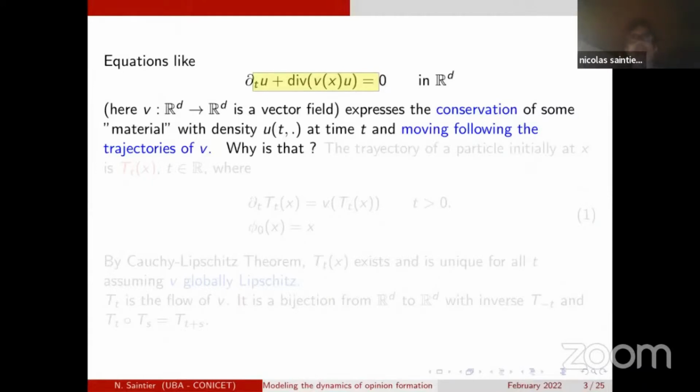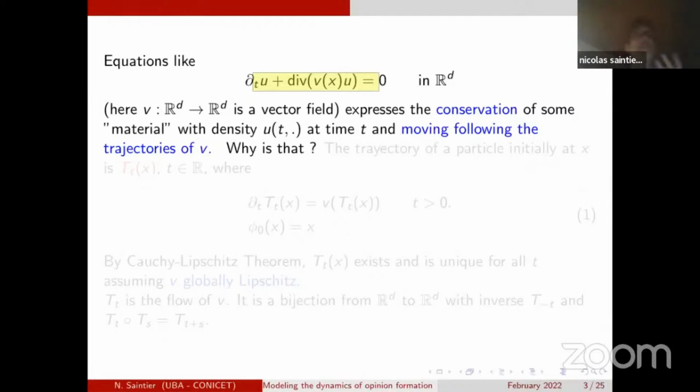It's as if I had a river, and into that river I throw some ink. The ink particles are moving along with the stream of the river, and the stream of water is just the trajectories of the vector field V. So this is exactly the method of characteristics, because we are following each ink particle, its trajectory, and seeing at each time what we get.